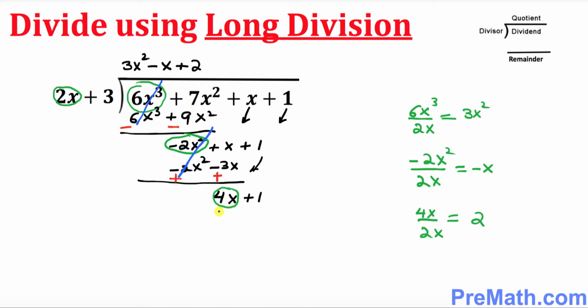That's going to give you 4x plus 6. Once again, change the signs, so positive becomes negative and positive becomes negative. This one is gone, so we got our remainder as negative 5.